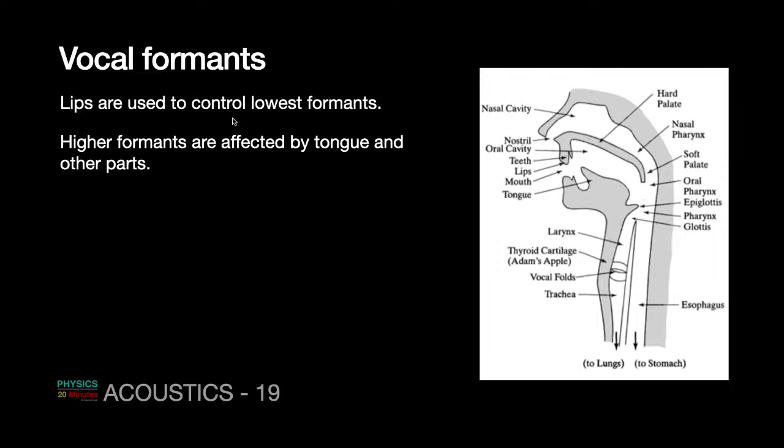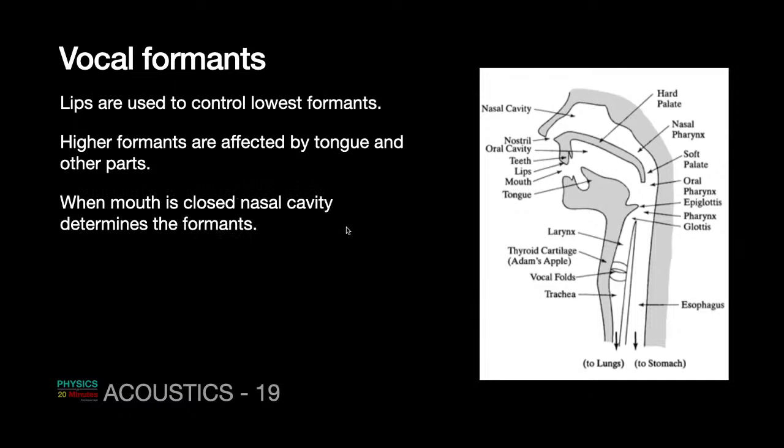So lips are used to control the lowest formants. You can move your lips up, down, open, close, etc. Higher formants are affected by the tongue and other parts. You can actually change the length also. For example, if you protrude the lips out and say something, the length slightly increases.